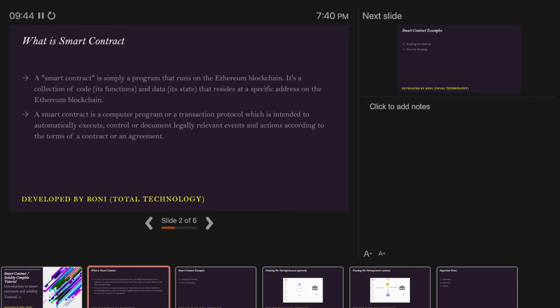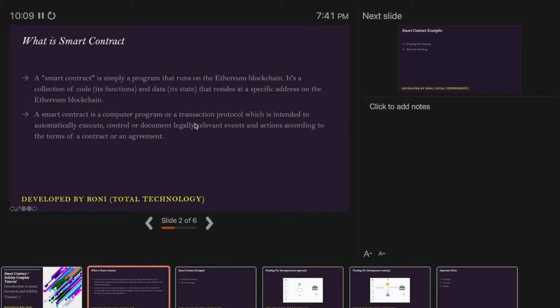Ethereum blockchain, smart contract, Solidity. I think these three things are clear. Let me refresh this again. Solidity is the programming language. By using that language, we can write a smart contract, and we can deploy it on the Ethereum blockchain so that it can interact with real-world applications and serve its purpose. So this is a smart contract.